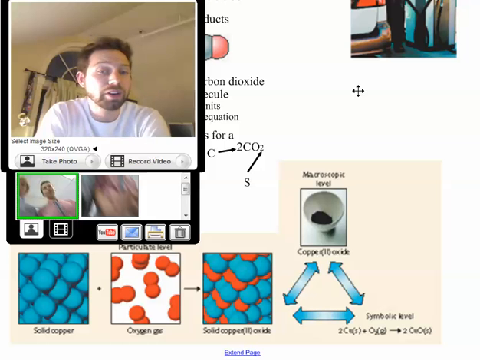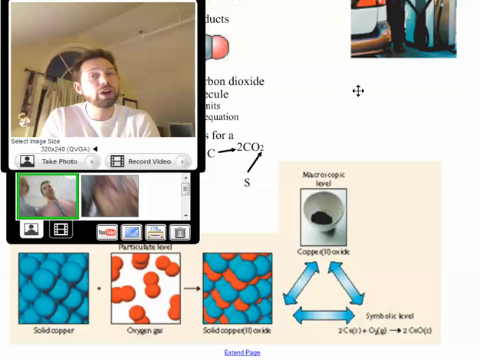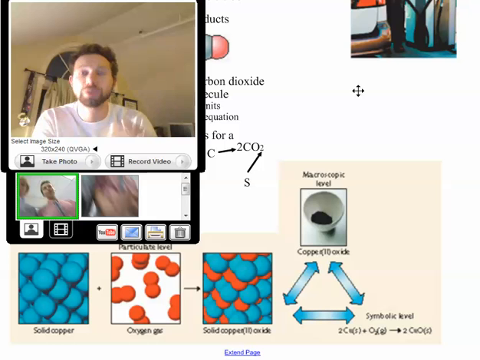And we use models to represent the change of numbers of atoms, the change of shapes of different molecules. We also look at the macroscopic. So metal ores, the combination of things, something that you can put in your hand. It's not a drawing of it. It's the actual physical representation of it. And then we also have the symbolic level where we're doing chemical equations. We're writing out equations with coefficients and subscripts.